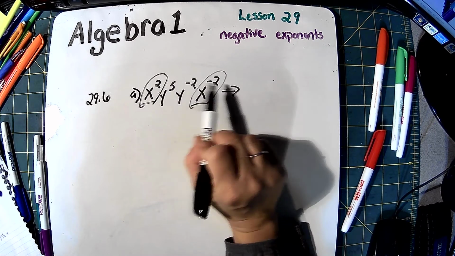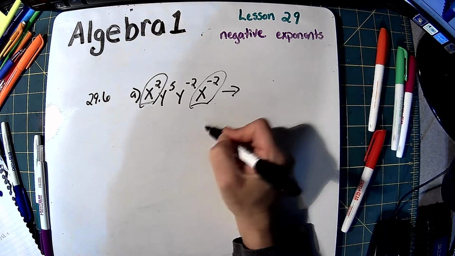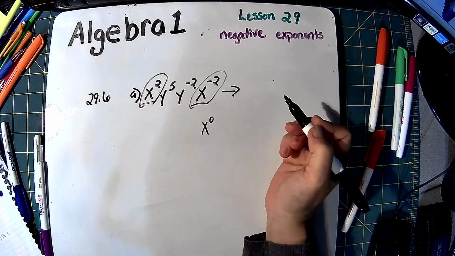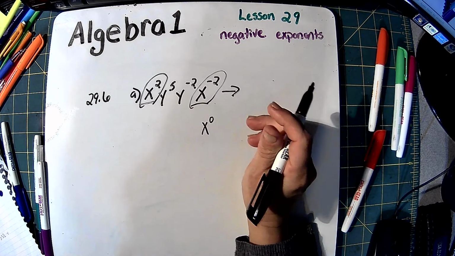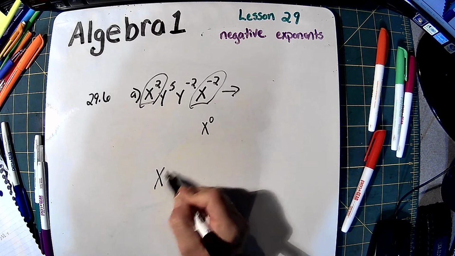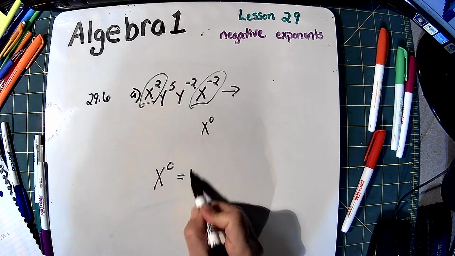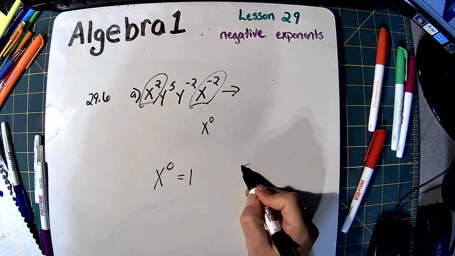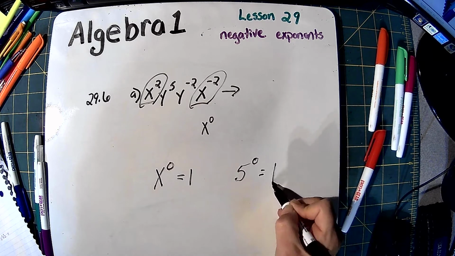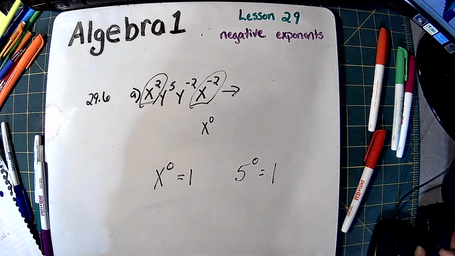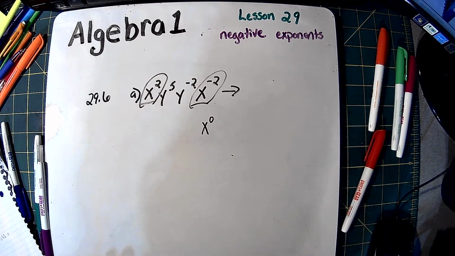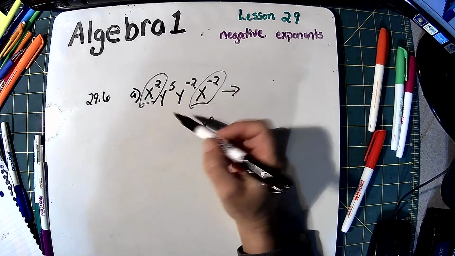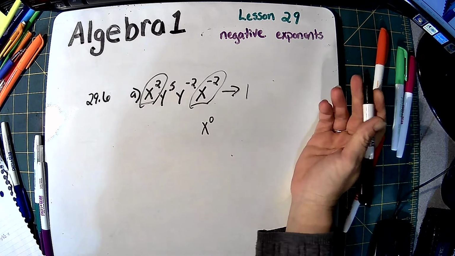So I'm going to say 2 minus 2. Well, 2 minus 2 is 0, so that really means x to the 0, and x to the 0 means 1. Okay, so anything with a 0 exponent is going to equal 1. So if I had 5 to the 0, that equals 1. Okay, anything with a 0 exponent equals 1. So we just have 1, the number 1.